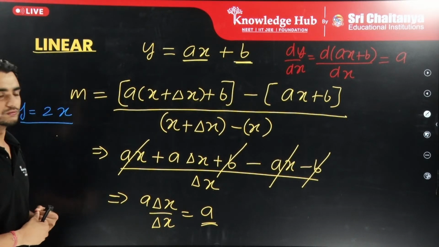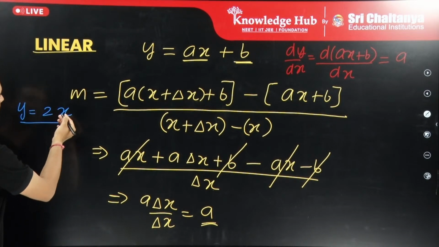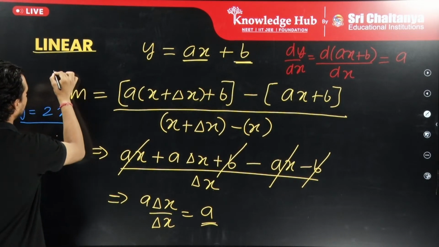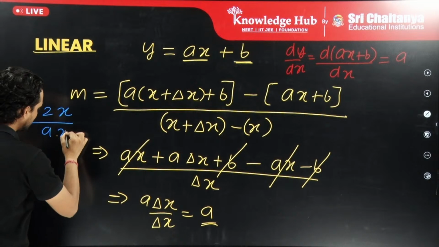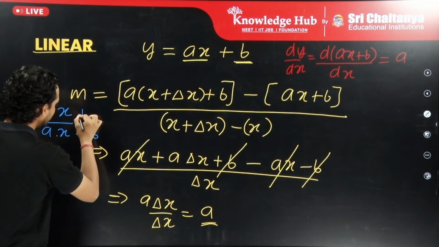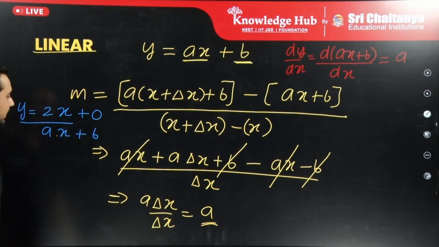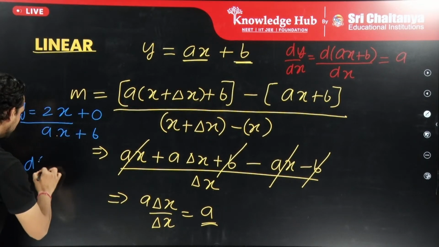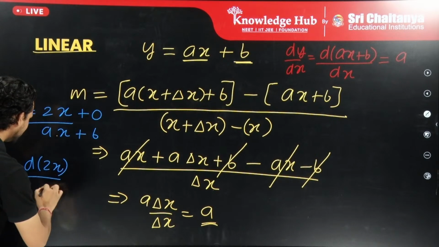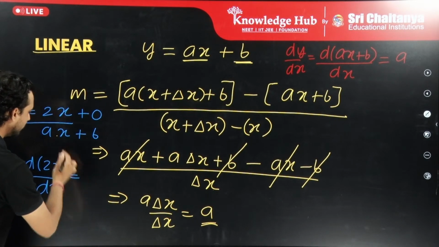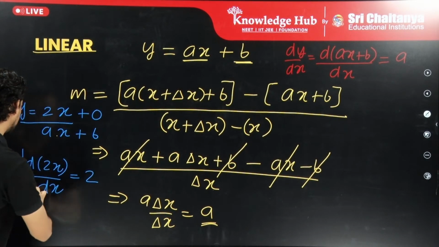Now look closely. This function I can write as ax plus b. If I compare with ax plus b, I can say that b is 0 and a is 2. So the derivative of my function with respect to x is equal to a, and a is 2.